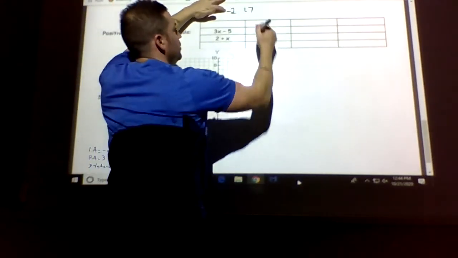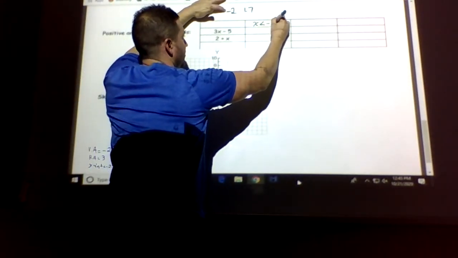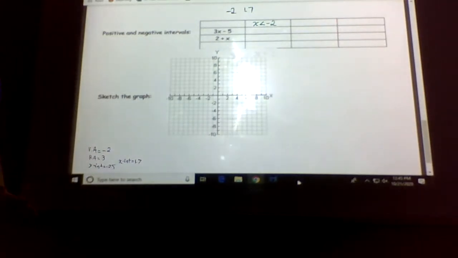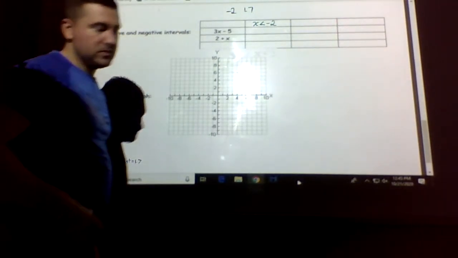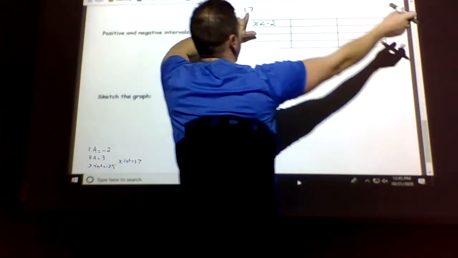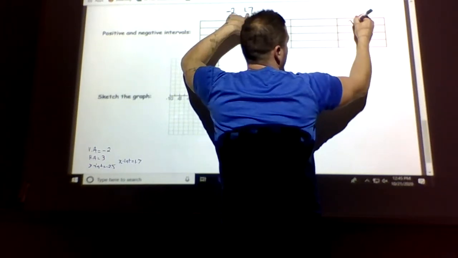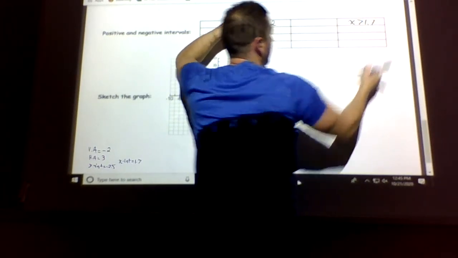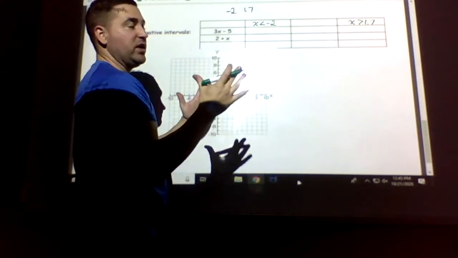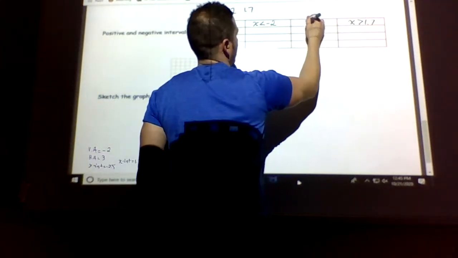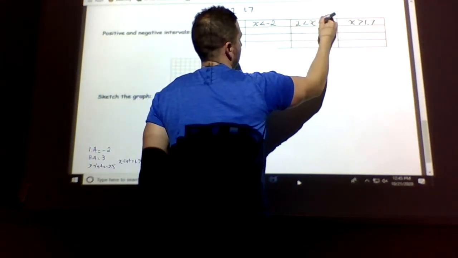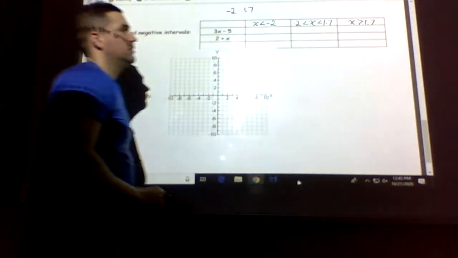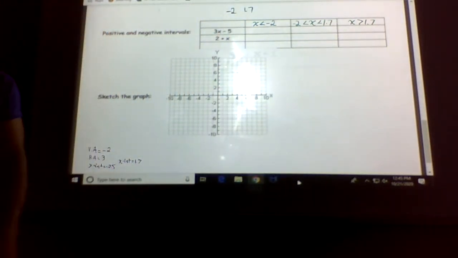Which is negative 2, so x less than negative 2. Then higher than the highest number, so larger than 1.7, so x greater than 1.7. And then we want values in between those two. So x greater than negative 2 and less than 1.7.